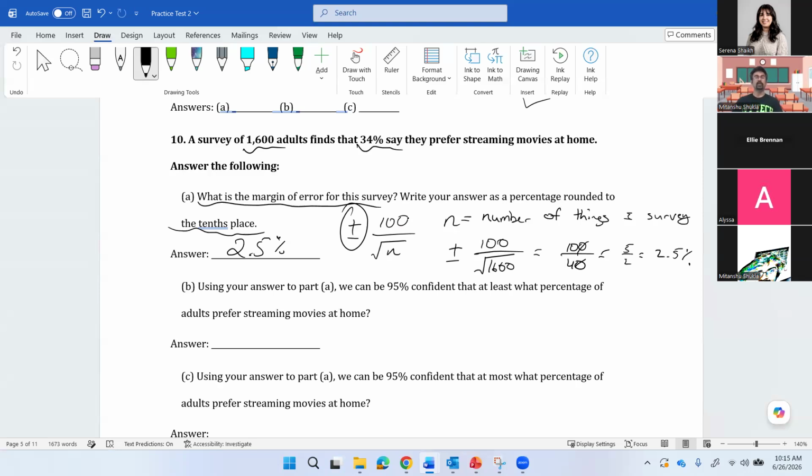This is where the give or take comes in. I know that 34% of adults prefer streaming movies at home. So at least will be minus my margin of error, which gives me what?